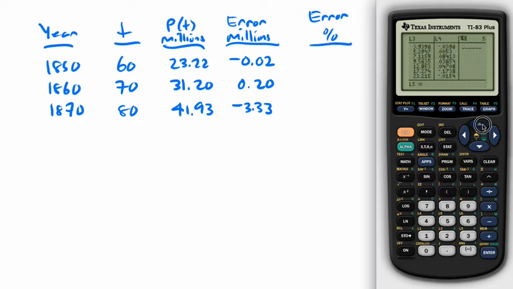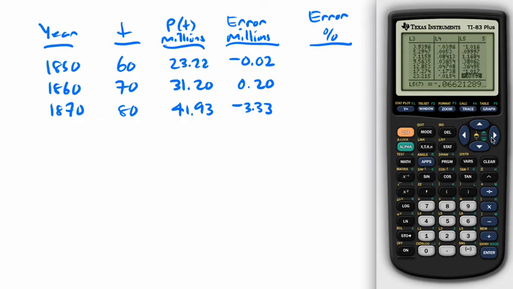For all of these, I'm going to do the error in L4 divided by the corresponding actual values, those are in L2, our actual data values, times 100. Aren't spreadsheets nice? You can do lots of calculations at once. So now we can go down and see that when t is equal to 60, L5 has the relative error.